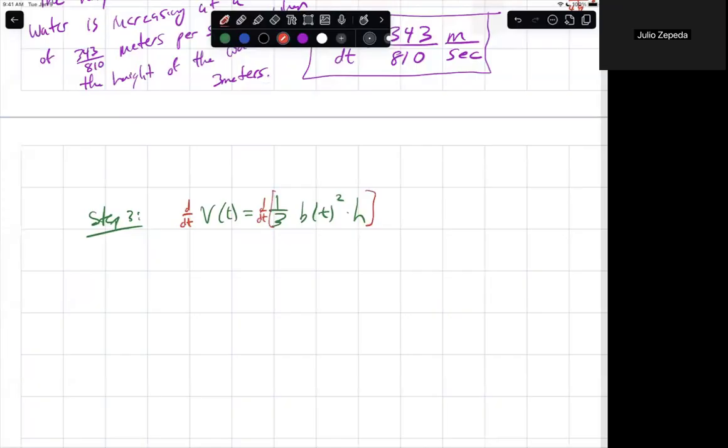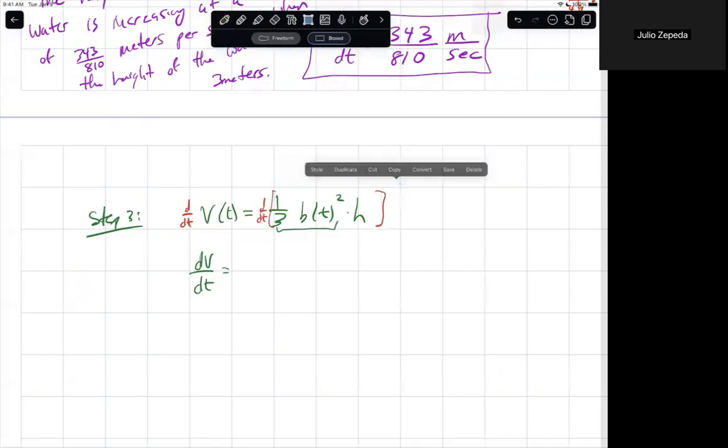Then we would get dv dt is equal to, and let's consider 1/3 b of t squared to be one function, and then h of t to be the other function.